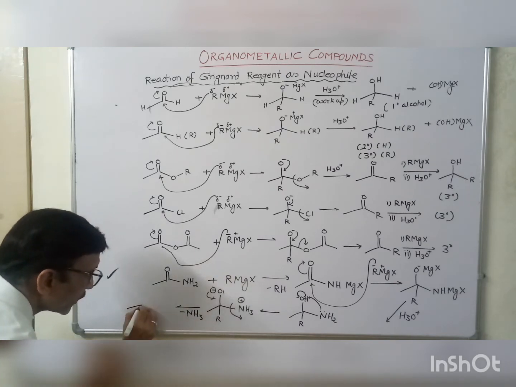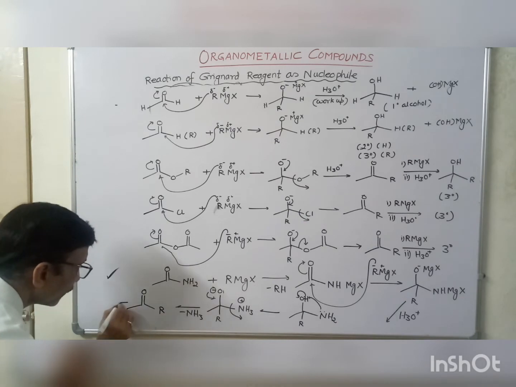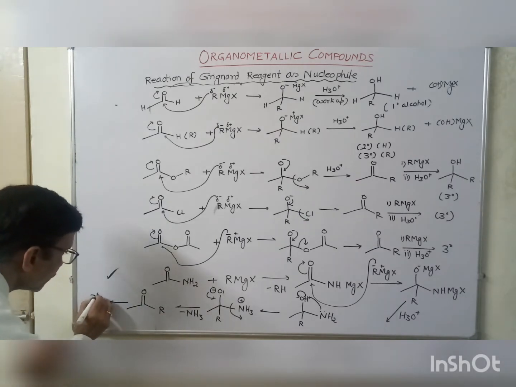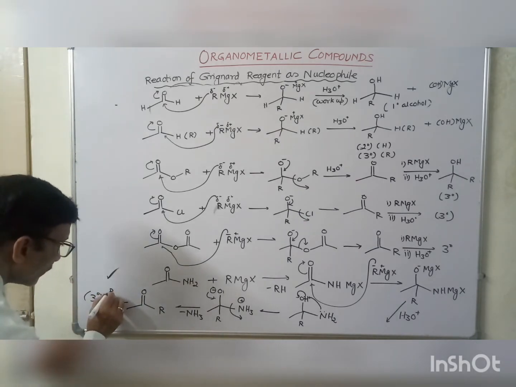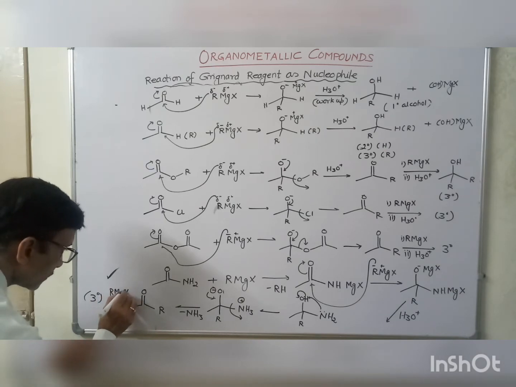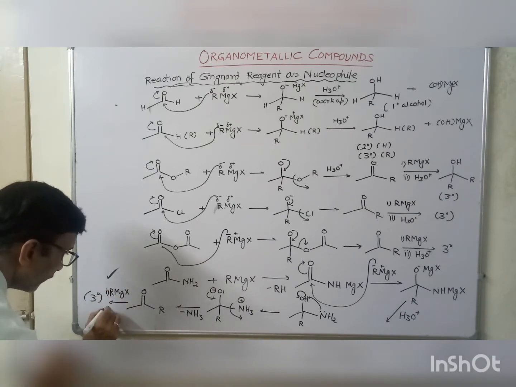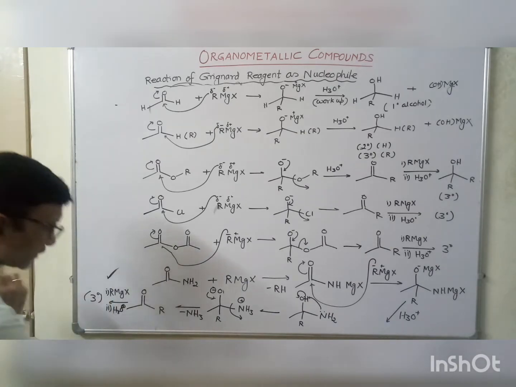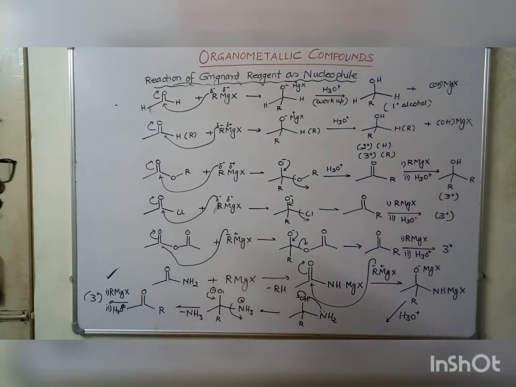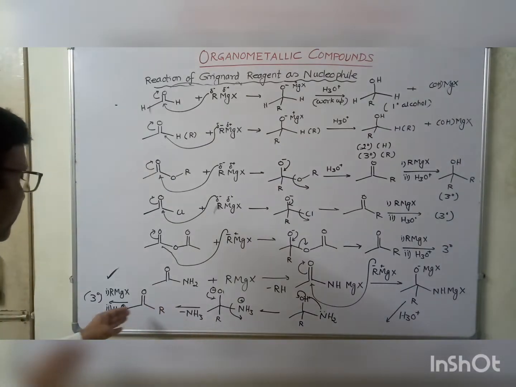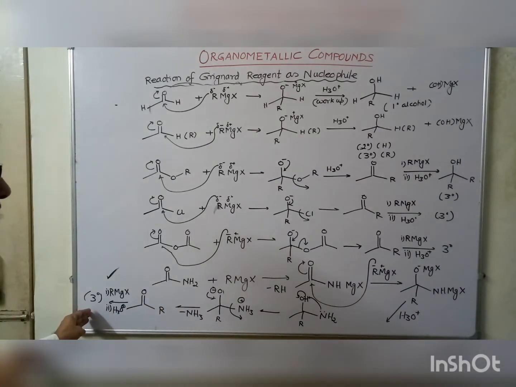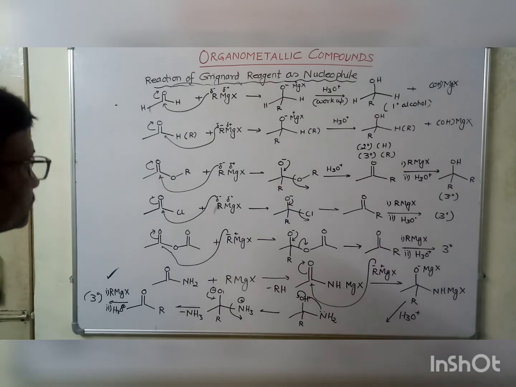Ammonia will leave out, and we are having the ketone, and finally we will have the tertiary alcohol in the presence of the next molecule of this Grignard reagent and further workup. Okay, so this amide is finally giving the tertiary alcohol, the final reaction.